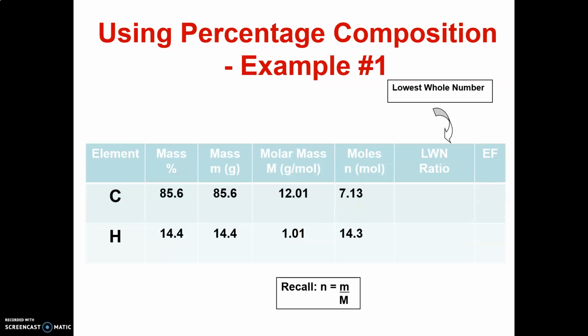Here we calculated the number of moles. Of course, from the rule, divide the mass over the molar mass. So 85.6 divided by 12 gives you 7.13, and 14.4 divided by 1 gives you 14.4.